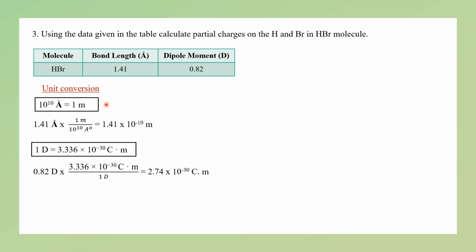Now we have converted the units into our desired units. Now let's apply the formula. Dipole moment is equal to charge, cation charge times anion charge, Q, times the distance R. If we rearrange this equation, we need to find Q. We have mu and the R value is given.